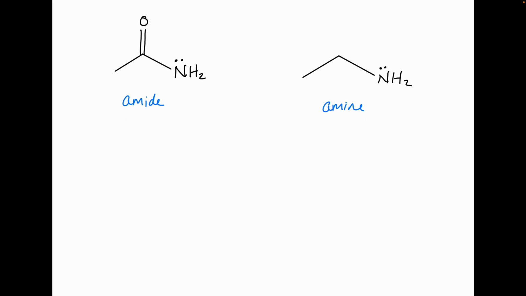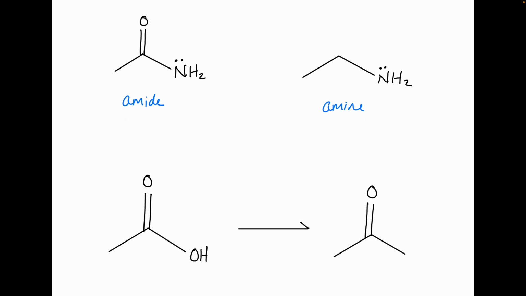Okay. For amides, one of our carboxylic acid derivatives, we talked about how we can convert the more reactive carboxylic acid derivatives into the less reactive ones. The amide was our least reactive carboxylic acid derivative.